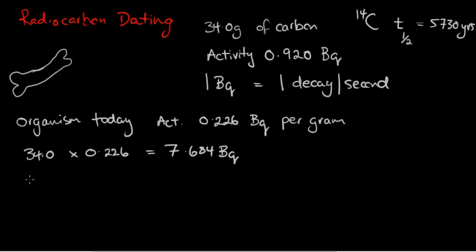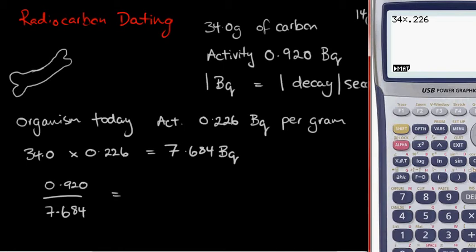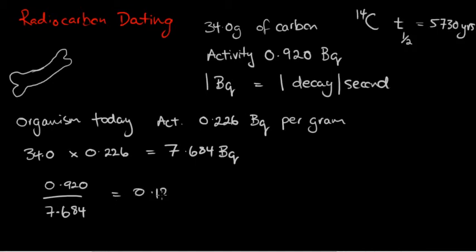So we can compare the count rate to the original, our 0.920 becquerels from these 34 grams. 0.920 as a ratio of 7.684 is 0.920 divided by 7.684, which is 0.12 of its original value.